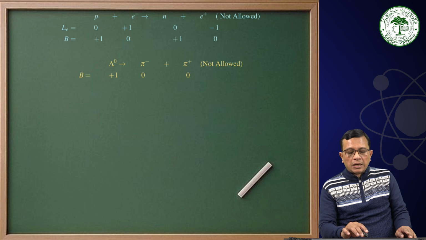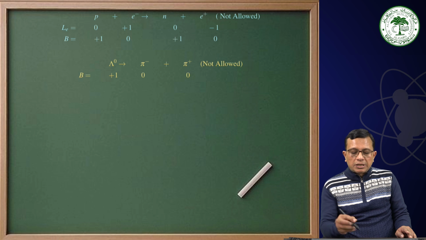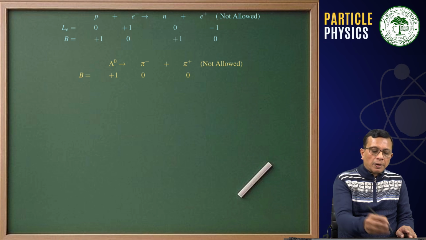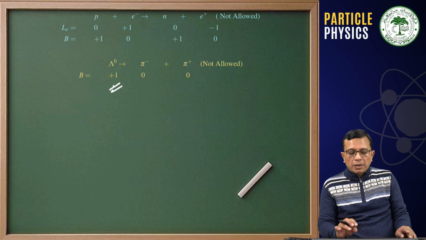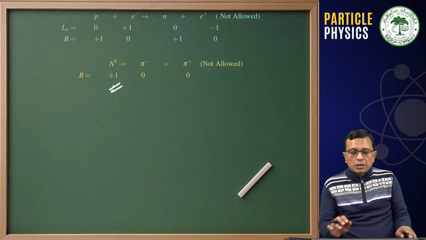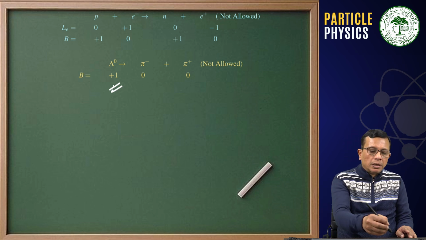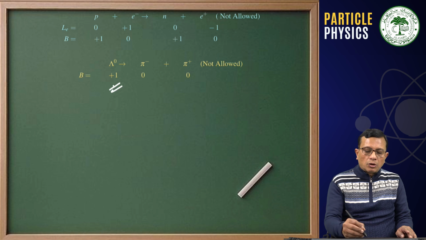Then we can have lambda 0 going to pi plus, pi minus as an example. Notice here we are conserving charge, but we are not conserving baryon number. We have baryon number plus 1 in the initial state, but we don't have any baryon in the final state. Therefore, this process is not allowed.